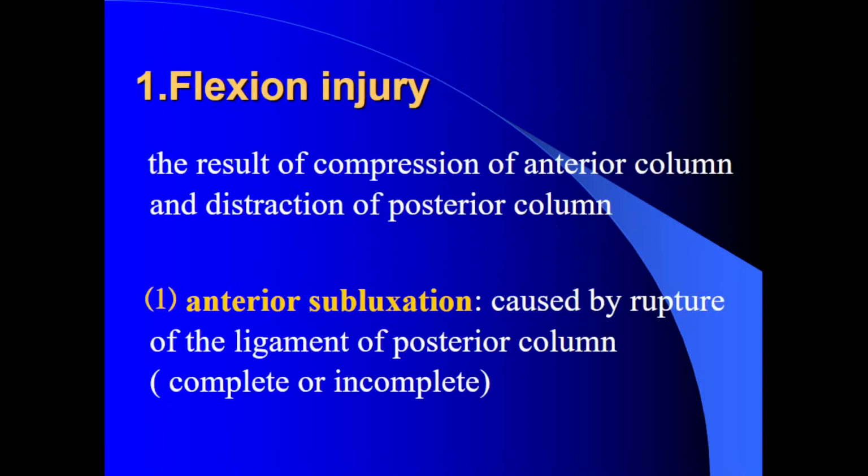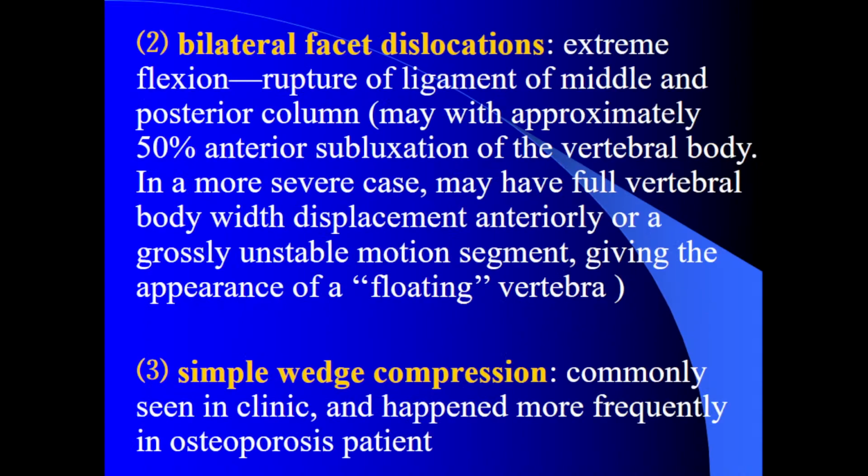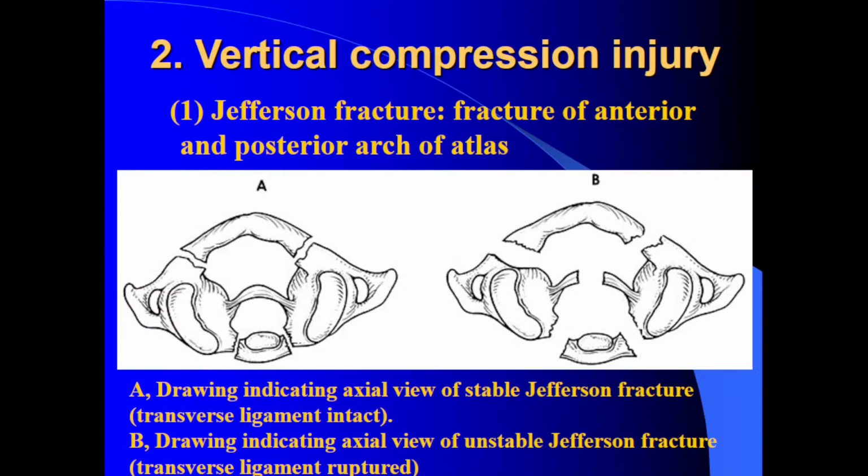If we talk about cervical part injuries, except for the McAfee classification, we should use quite a special classification for the first and second cervical vertebrae. Here on that slide, you can see C1, the atlas.